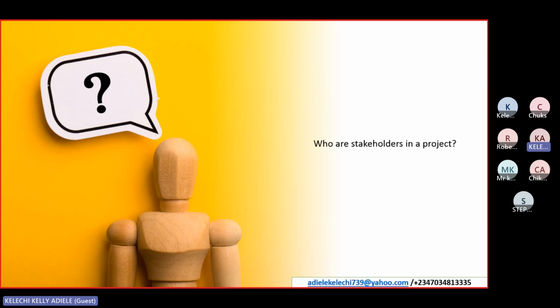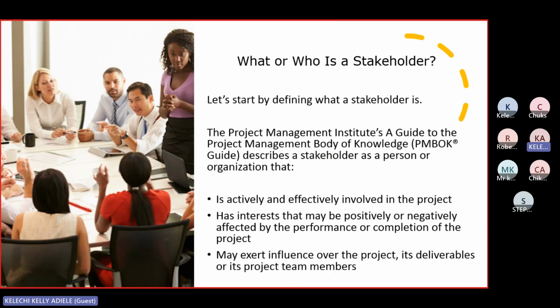I think that is fine. Thank you for that brief explanation. So basically, just to make it formal and citing from the Project Management Body of Knowledge, a stakeholder is actively or effectively involved in that project. Actively or effectively, number one.